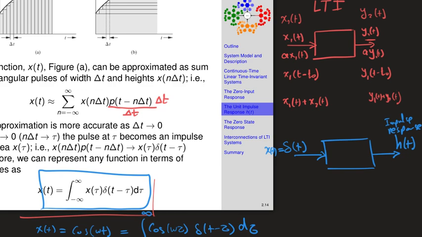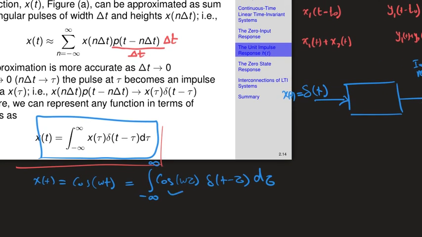So at the output side, I will get cosine omega tau h of t minus tau. That's for a single term, without doing the integration, which is an addition of many of those terms for different values of tau.